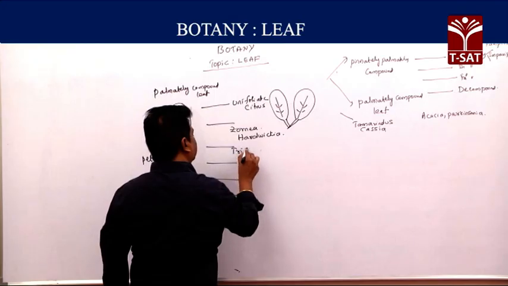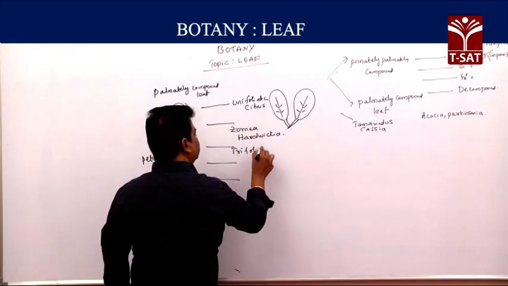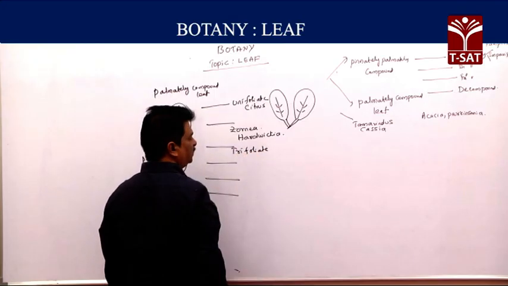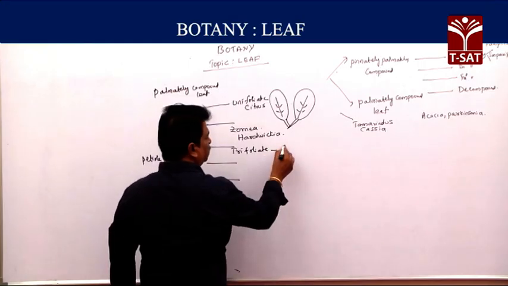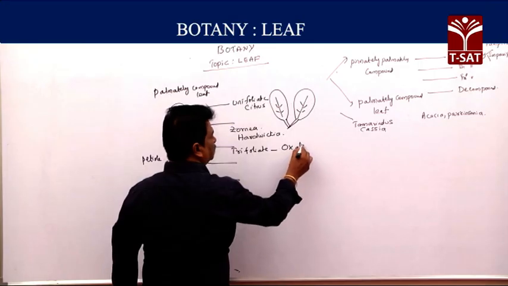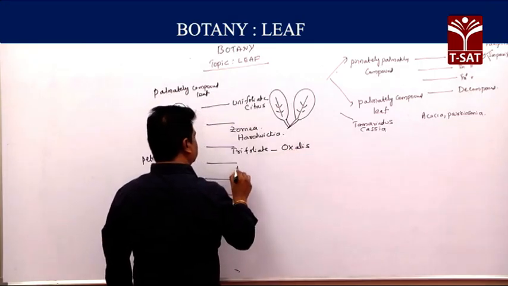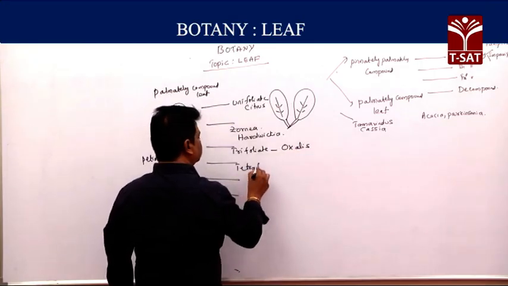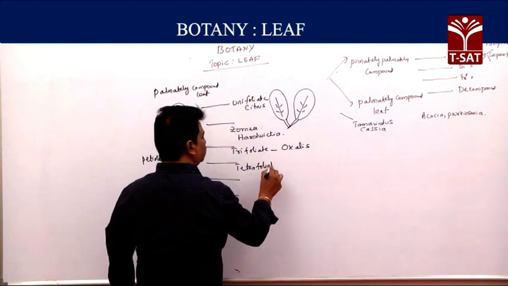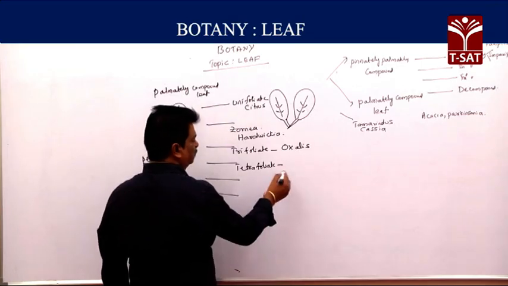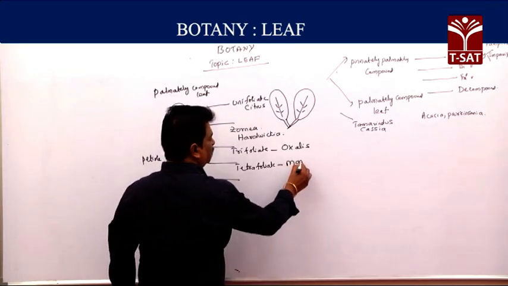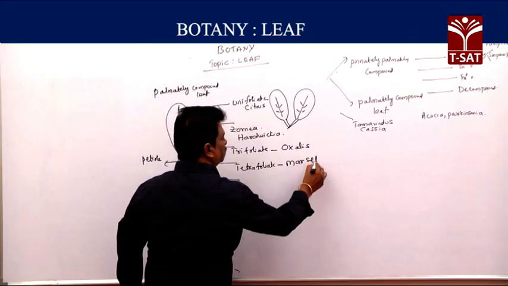Then trifoliate, 3 leaflets present at the tip of the petiole. Example for trifoliate, oxalis. Next one, tetrafoliate, 4 leaflets present at the tip of the petiole.